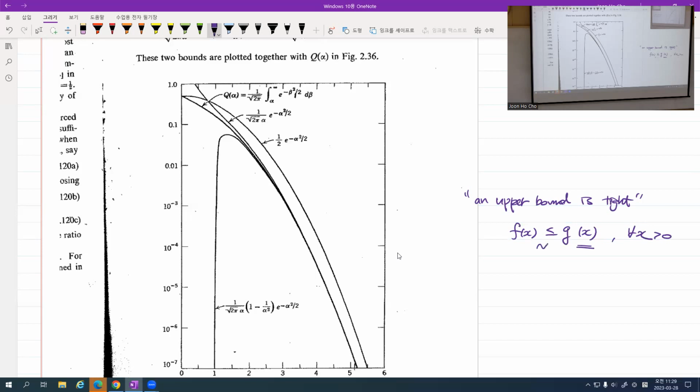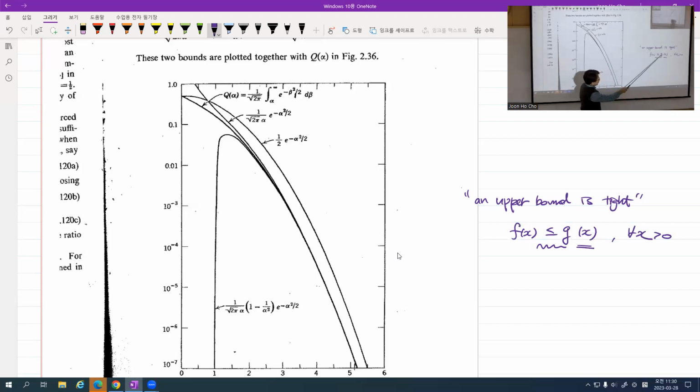And then this inequality may not mean much because, for example, this function is between 0 and 1, and this function is always greater than 1 trillion. Still, that is true, but it's usually an upper bound, right?